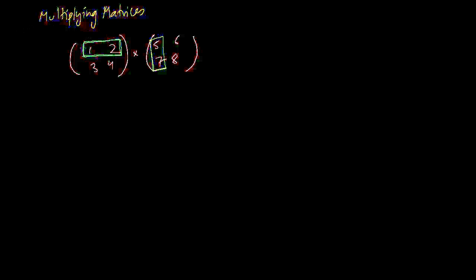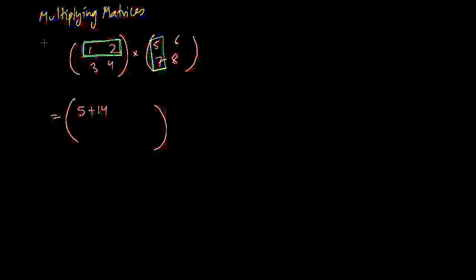So what is happening? The first row is taken and it is multiplied with the first column of the second matrix. So when this is done, we get 1 times 5 is going to give us 5, plus 2 times 7 is going to give us 14.